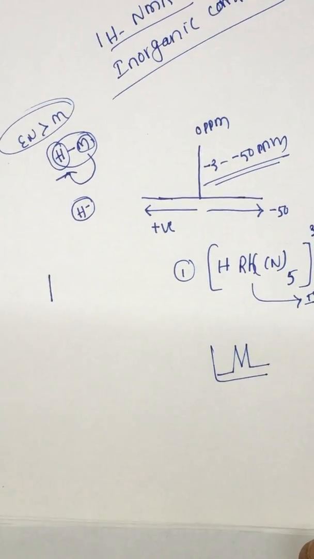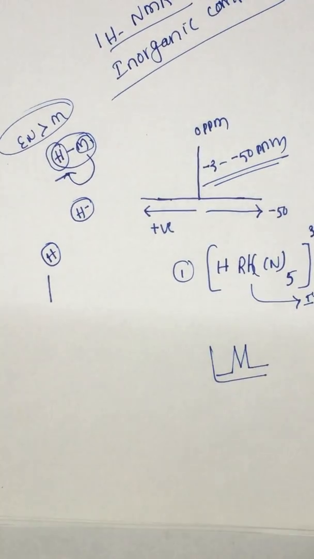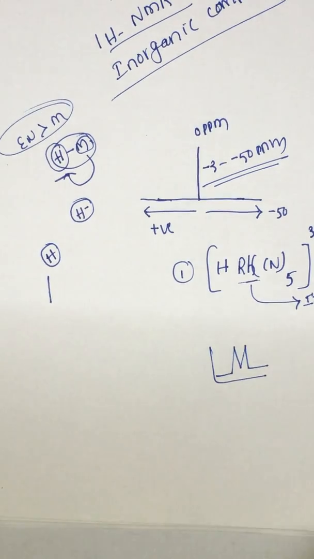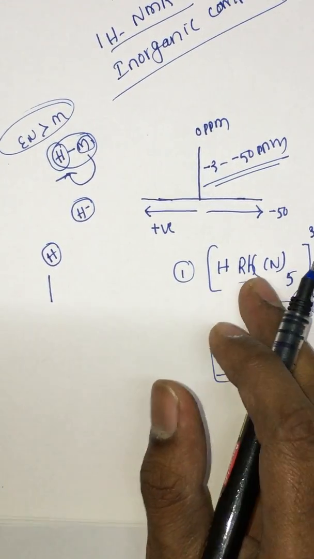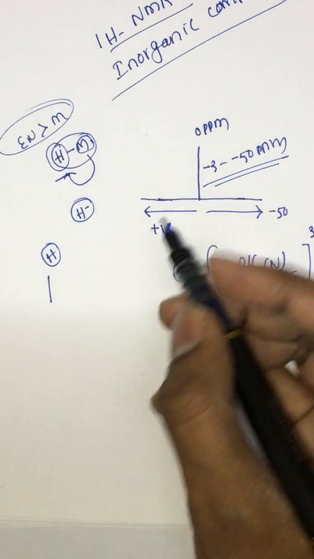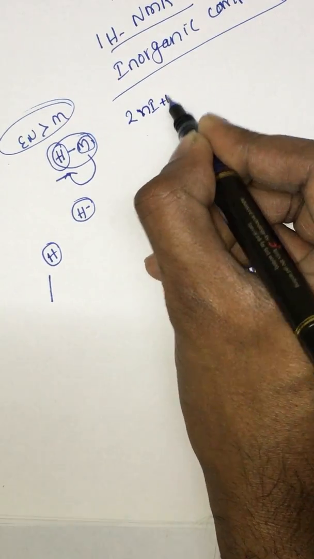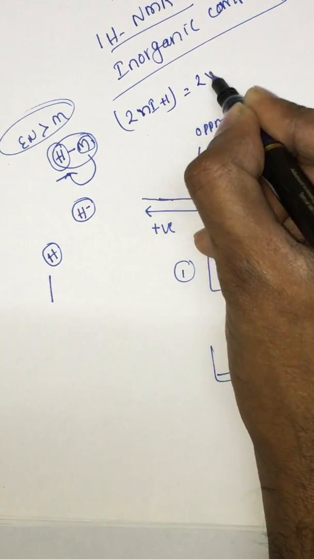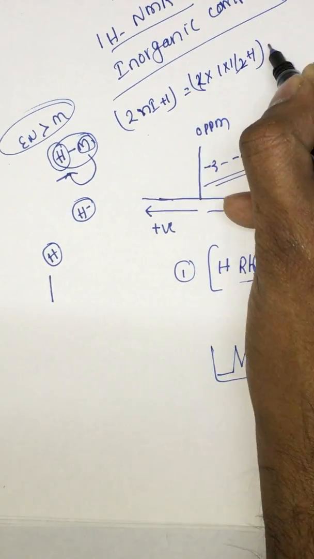Now rhodium is spin active, with spin 1/2, so this hydrogen couples with this rhodium. We have the principle 2nI plus 1, so 2 into 1 into 1/2 plus 1, and we'll have a doublet here.